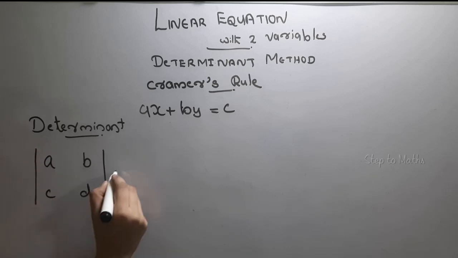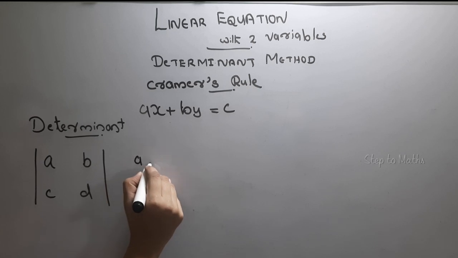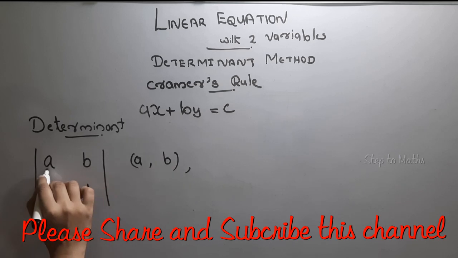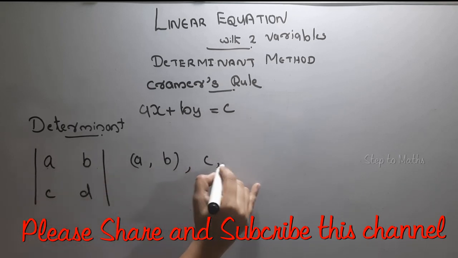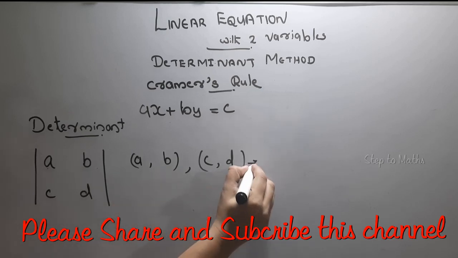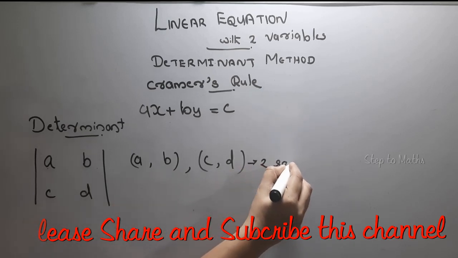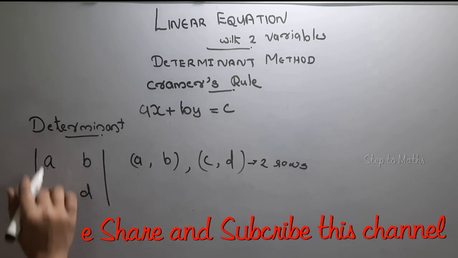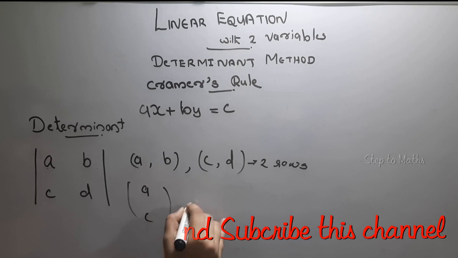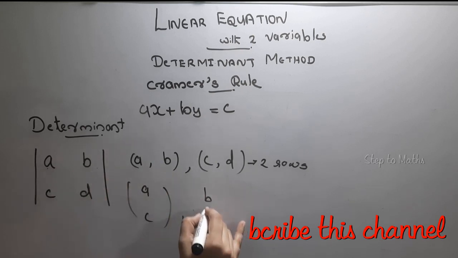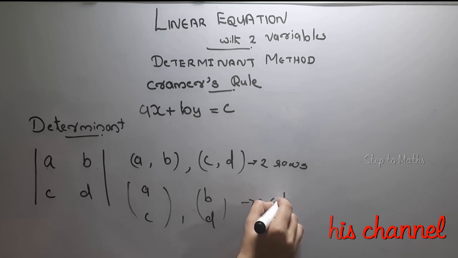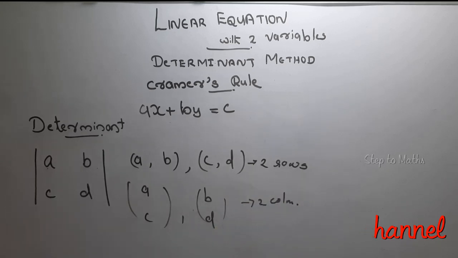Here, A, B and C, D are the two rows. Similarly, A, C and B, D are the two columns.